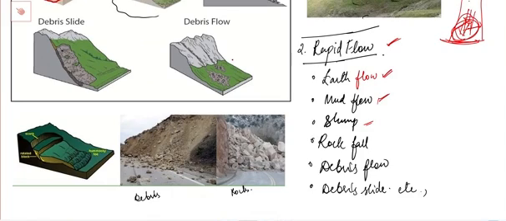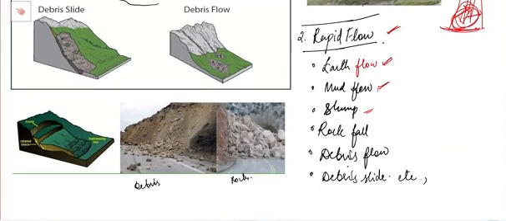So now we'll see rockfall. If we consider this figure, many times we can see, when we are going to some places or when we watch news channels, that there is a breakdown or a rock fall took place and the road got shut down. So this is what rock fall is.